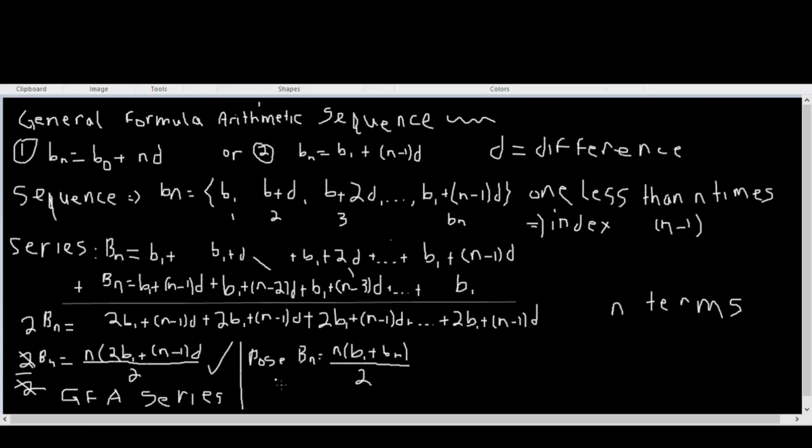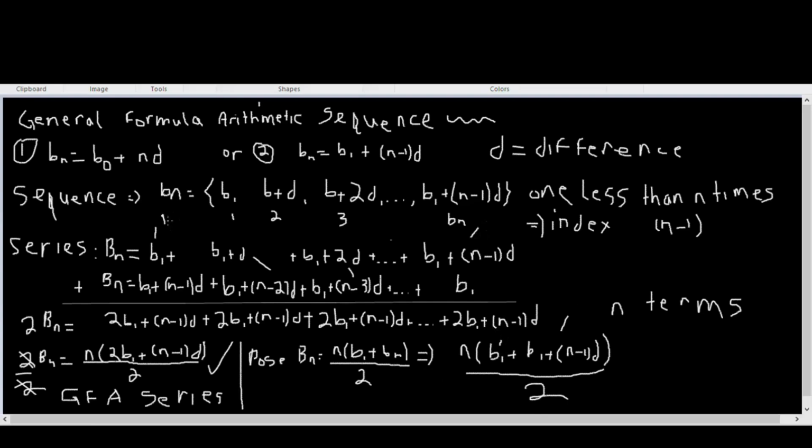In our first demonstration, we posed b sub n equaled n times b sub 1 plus b sub n all over 2, finding the average and then timesing the average by n. So let's rearrange the general formula for the series. And 2 b sub 1 is just b sub 1 plus b sub 1. And take a look.